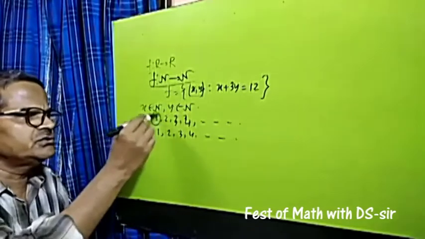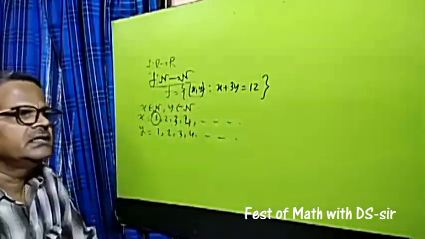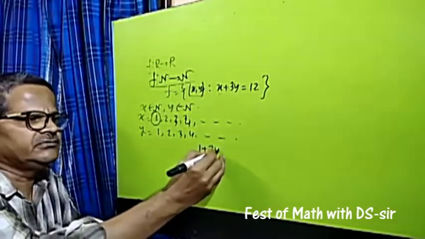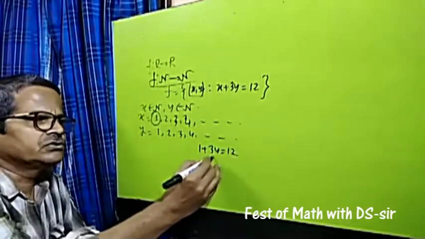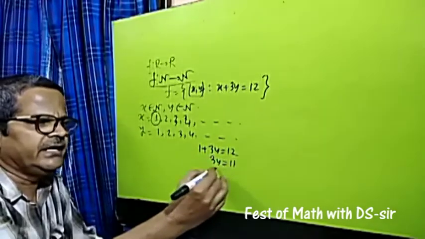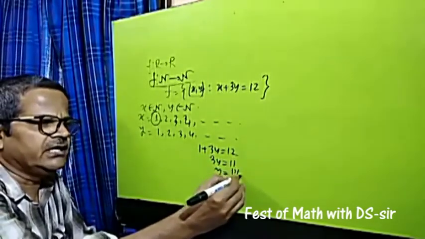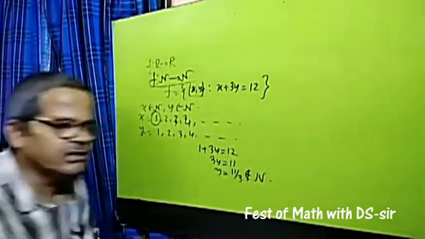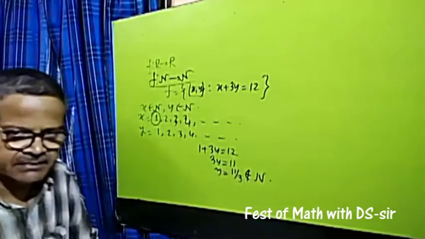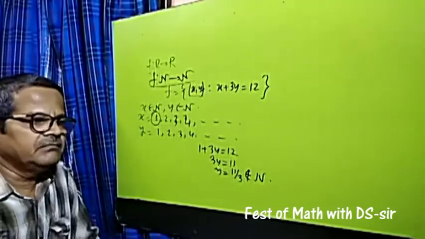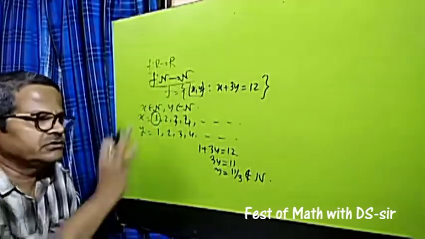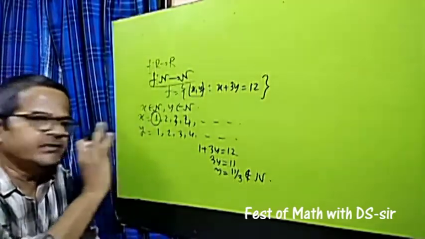If we choose x is equal to 1, then 1 plus 3y is equal to 12. So 3y is equal to 11. So y is equal to 11 by 3, which does not belong to N because it must be an integer. So x cannot be 1.